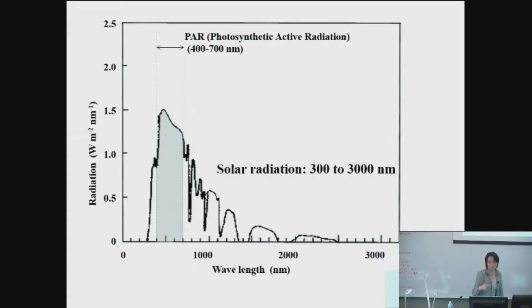So that's solar radiation. You see that PAR, photosynthetically active radiation, is in the 400 to 700 range, so much of the energy of sunlight is in that range, with a little bit of UV and more infrared radiation.